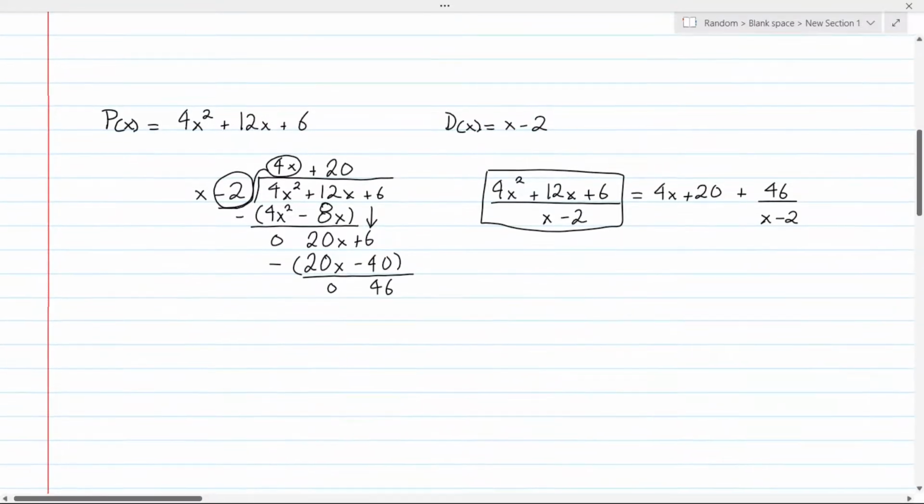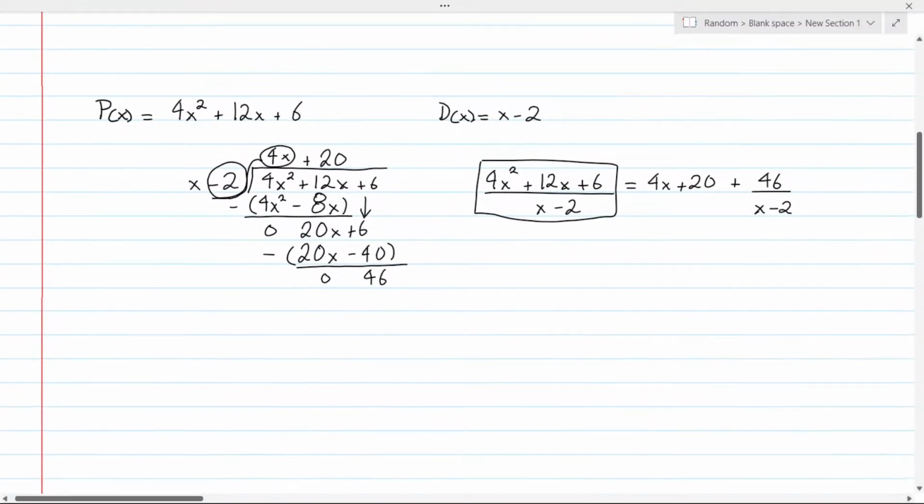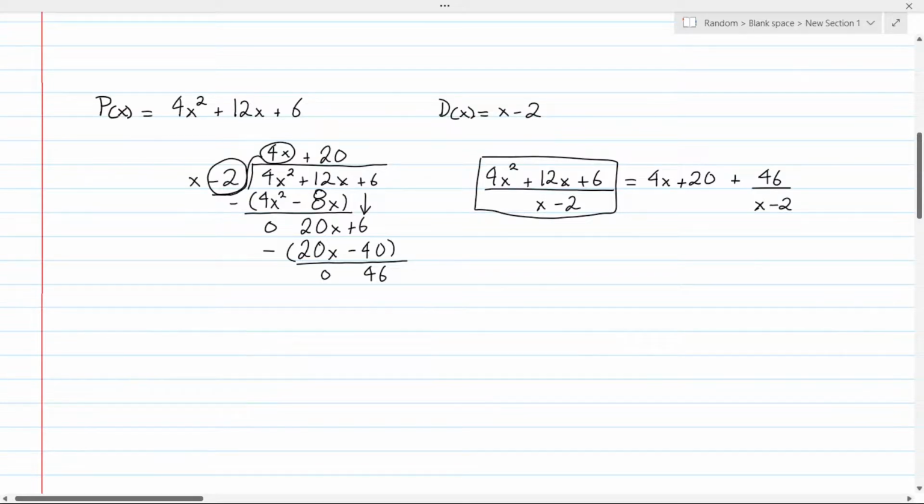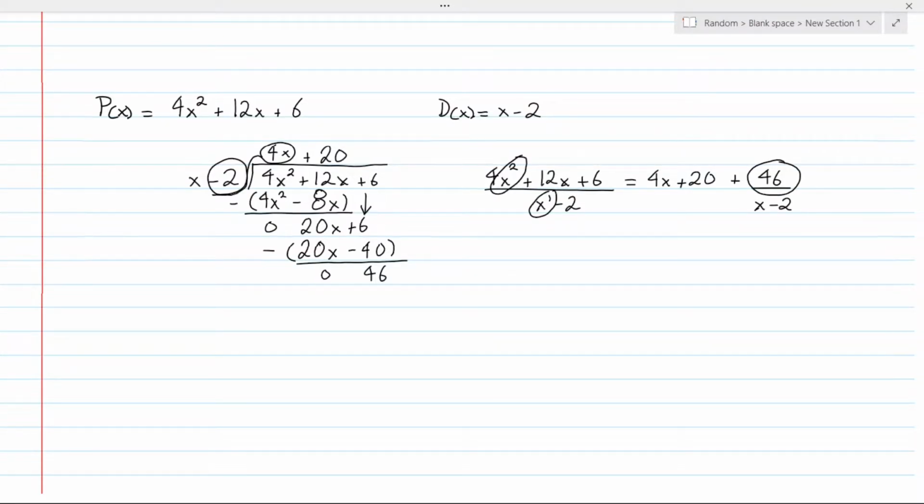So we knew to stop when we reached a situation where the remainder had a degree less than the divisor. The dividend had a degree of x to the power of 2, whereas the divisor had x to the power of 1. In this case, there is no x term in the remainder, and there's an x of degree 1 in the divisor.